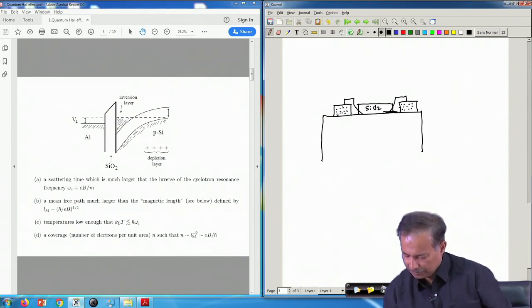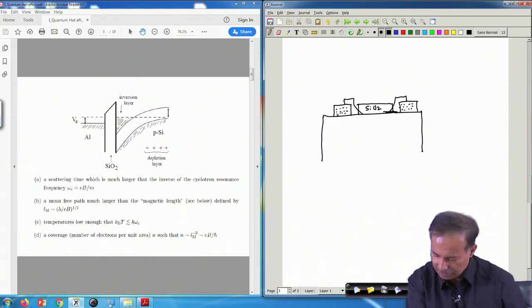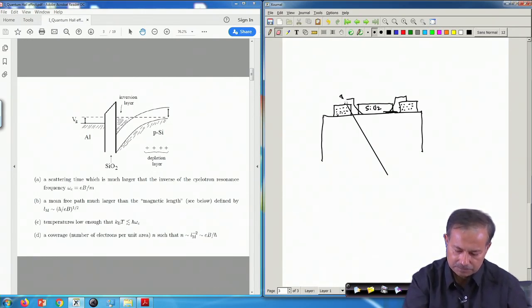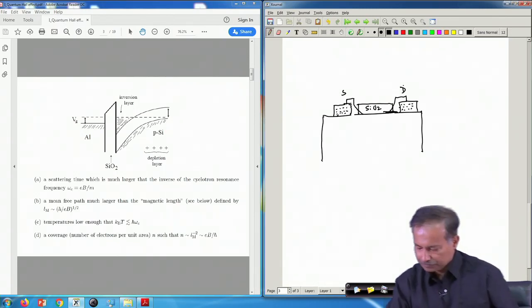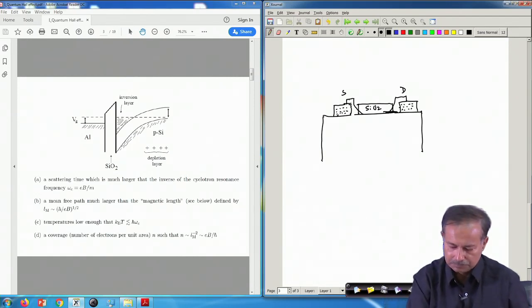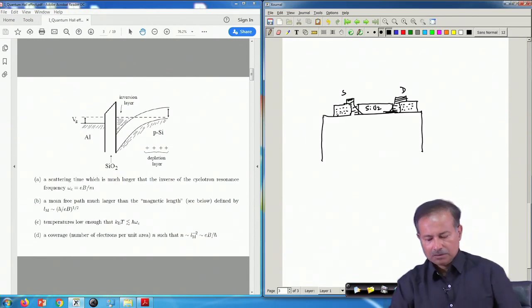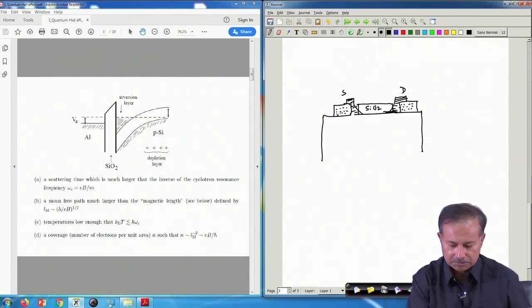Then you have this source and drain, these regions are source and drain.